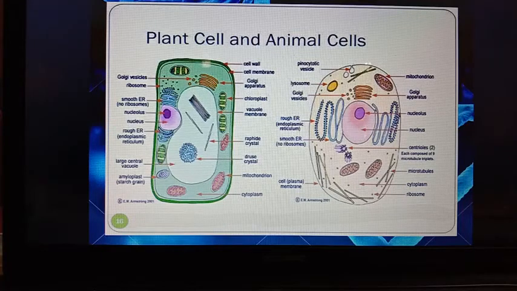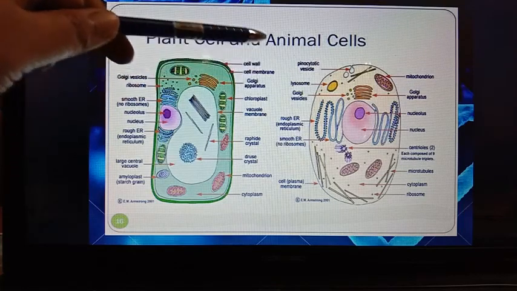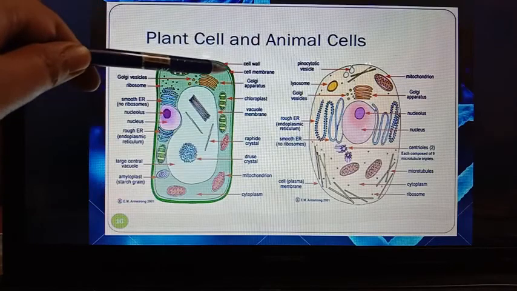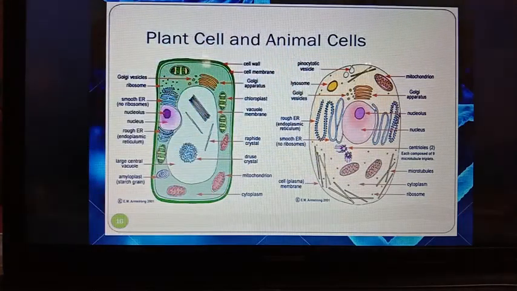Plant cells have a definite shape, but animal cells do not have a definite shape. In plant cells, cell wall is present. Already we have discussed that outside the cell membrane, cell wall is present for plant cell, but it is absent for the animal cell.